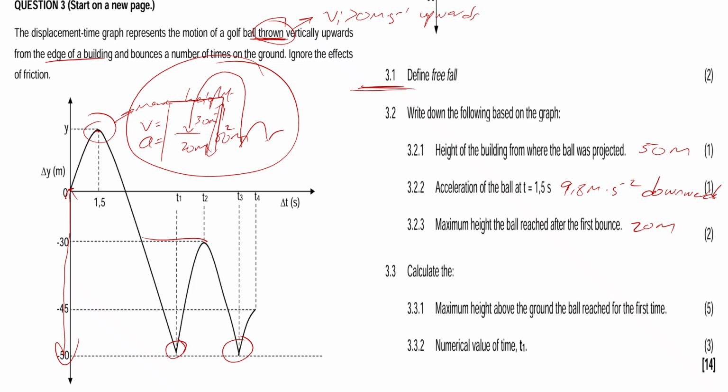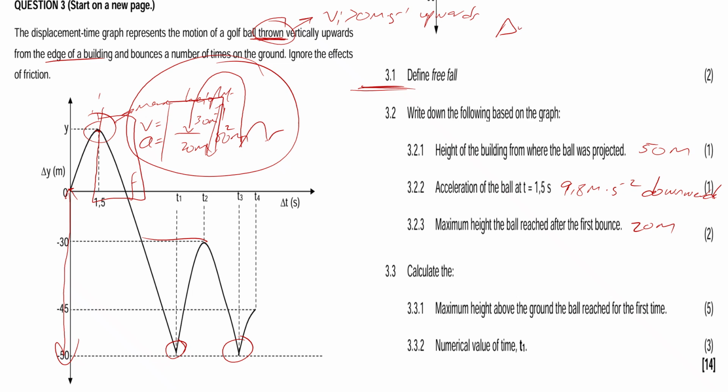All right, now 3.3, calculate 3.3.1, the maximum height above the ground the ball reached for the first time. For this one we can use this part as our initial and this position as our final.